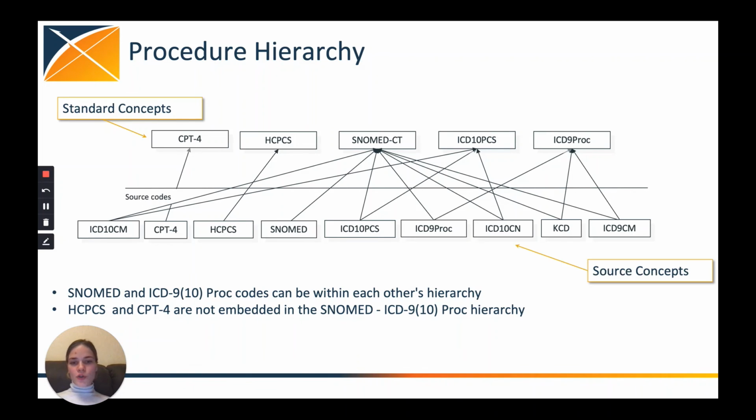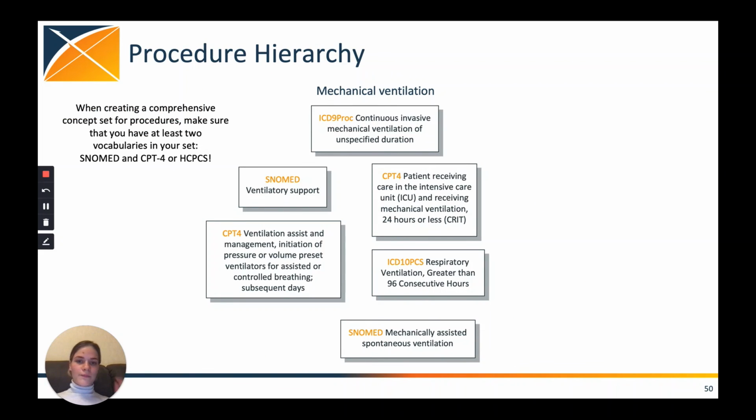And let me show you a couple of examples for that. So for example, you're looking for mechanical ventilation. The very first obvious thing is that it's written in different ways. So you have ventilatory support, you have respiratory ventilation, you have mechanical assisted spontaneous ventilation, and so on and so forth.